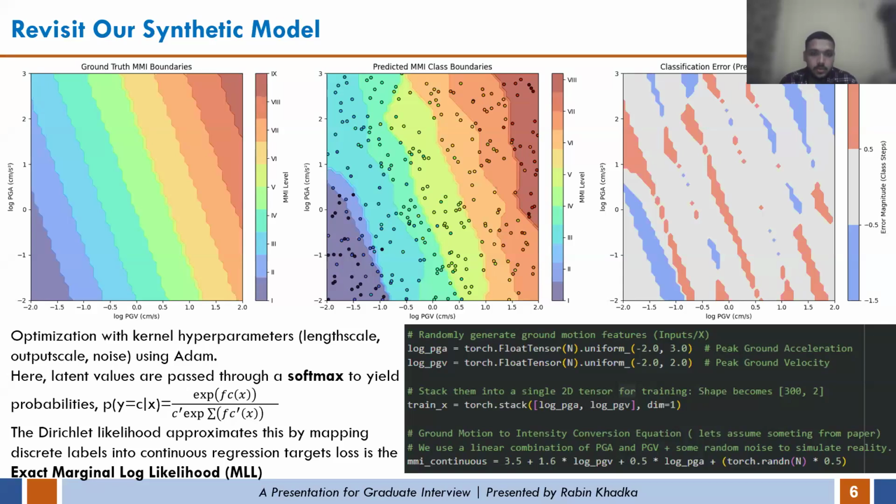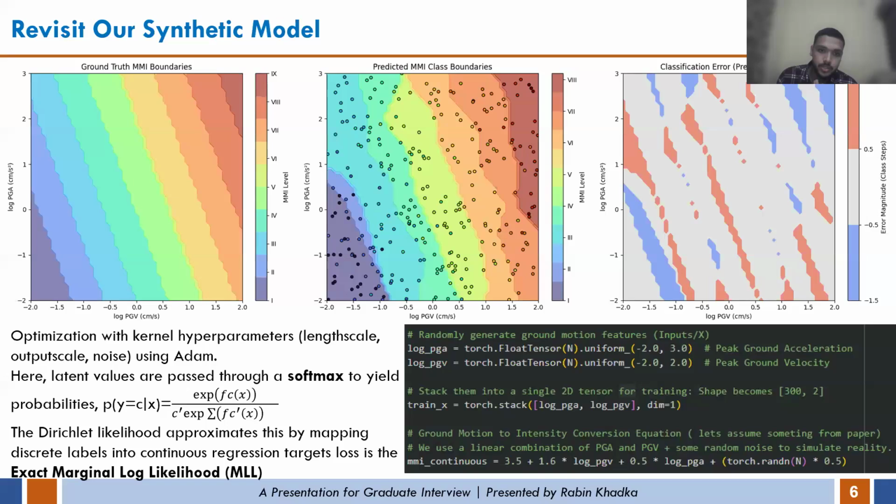Now let's focus on ground motion parameters, that is PGA and PGV. What could be the application of the research? It would surely be useful to predict the PGA and PGV if we have good knowledge of the MMI scale and its relation, and it can work in the opposite direction as well.